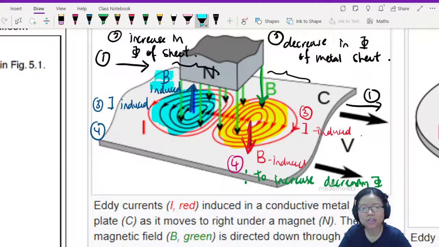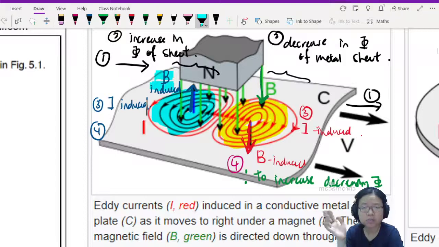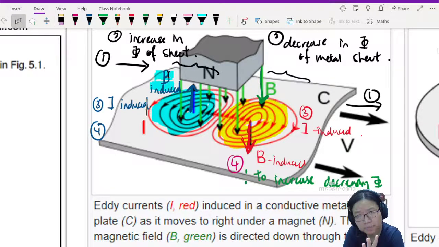And number 4, this induced current will flow in the opposite direction here. So it will allow the magnetic field to be smaller, or it will induce its own magnetic field to fight the increase.